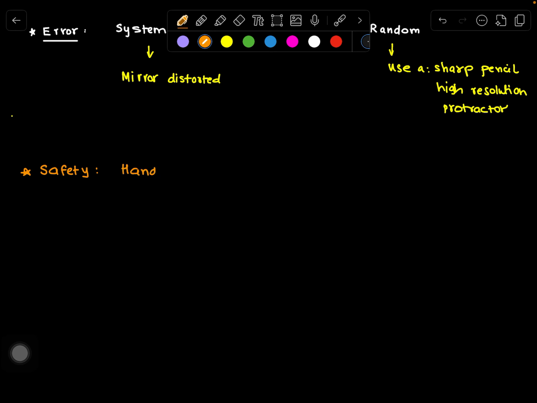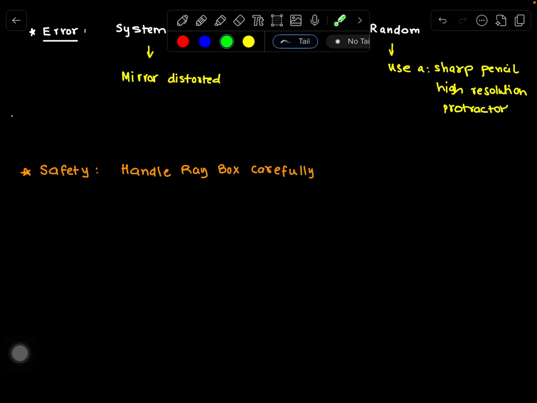Handle ray box carefully. And make sure you don't accidentally project the rays in your eye or someone else's eye. So basically avoid looking directly at the light and stand behind the ray box during the experiment.